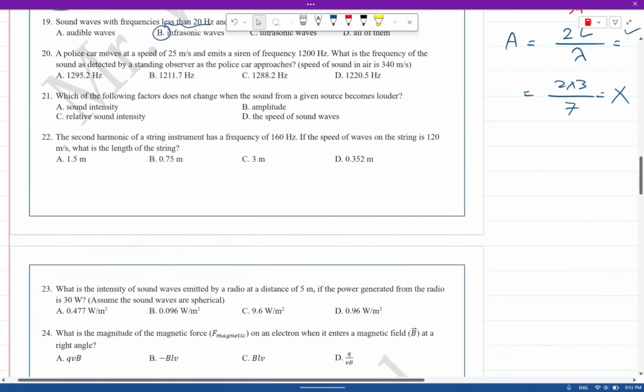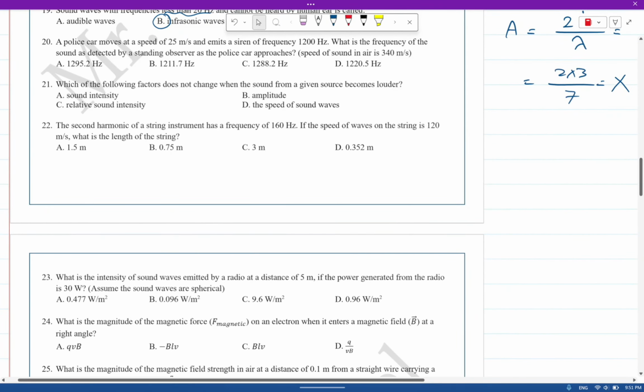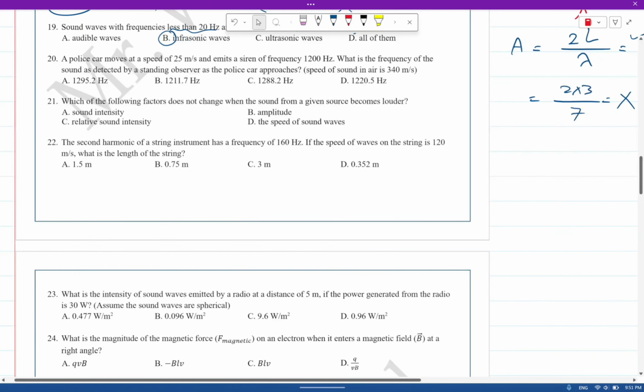Question 20 says, a police car moves at a speed of 25. So this is basically the speed of the source, and emits a sound of frequency of the source. What is the frequency of the sound detected, the observed frequency, by a standing observer? That means the speed of the observer is 0 as the police car approaches.